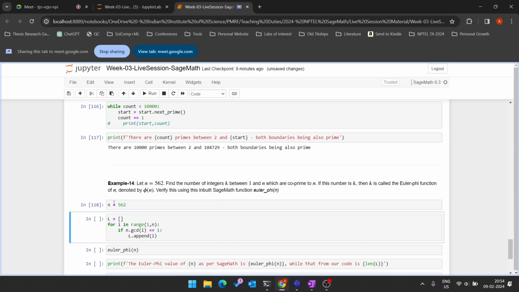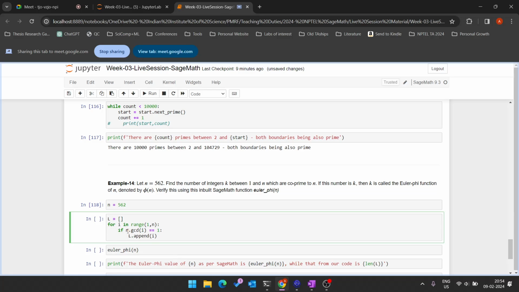We initialize our number n, we create an empty list L, and we run a for loop from 1 to n, so numbers 1 to n minus 1 will be assigned to i. i equal to n doesn't make sense because n is divisible by n entirely, and therefore n isn't co-prime with itself, right?